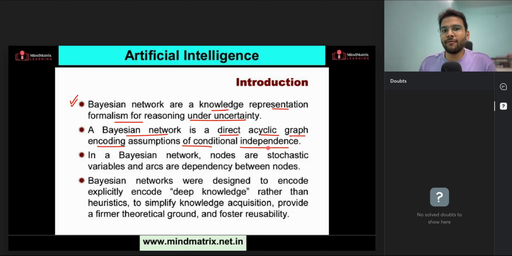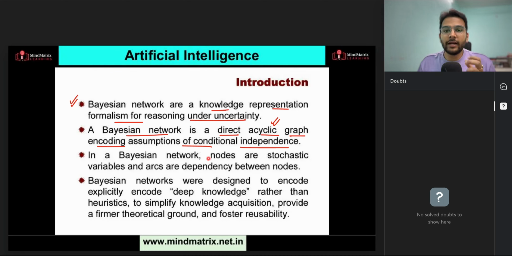Now using that directed acyclic graph, we can represent the conditional independence also. We will get to know which variables are conditionally independent of each other. We will see that also. Important: a Bayesian network is a directed acyclic graph.